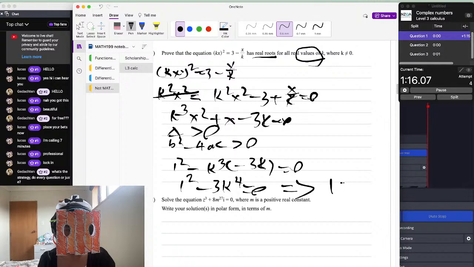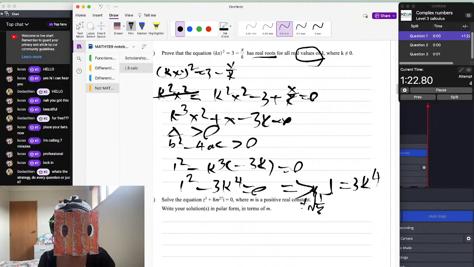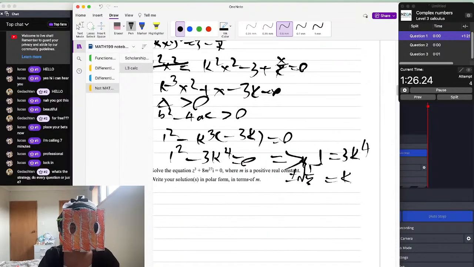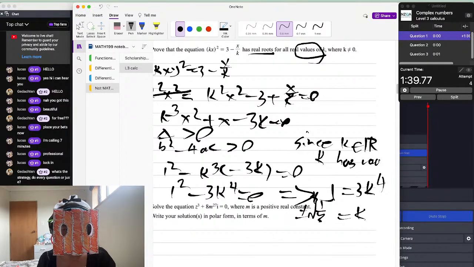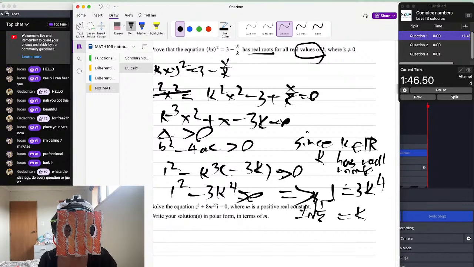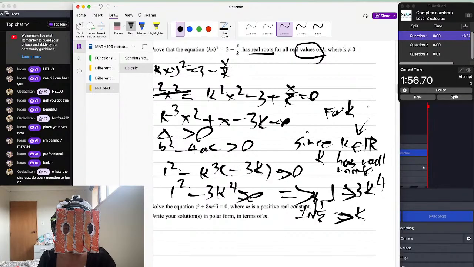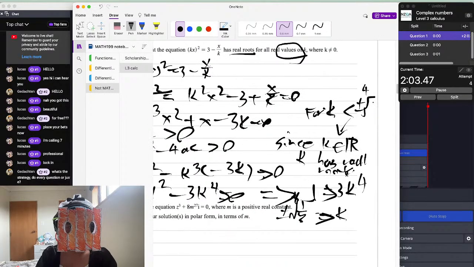That will eventually give us an inequality, and since k is real, oh, don't forget about the inequality sign.